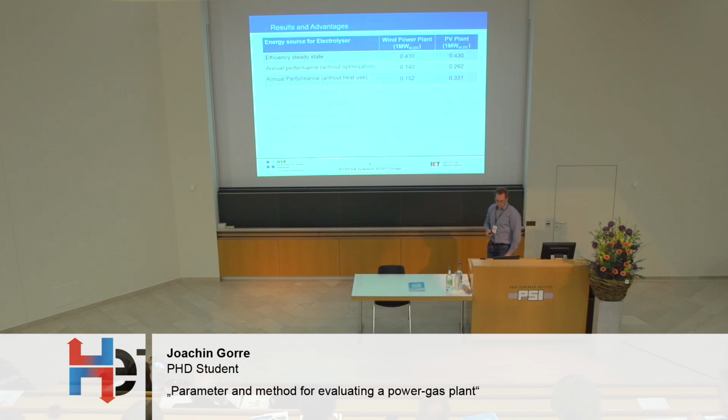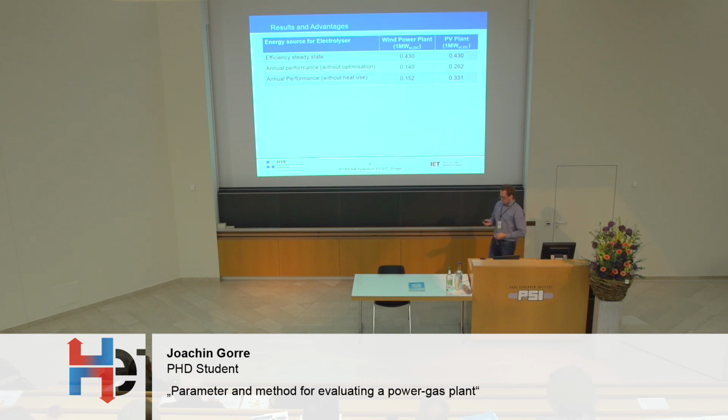But what is the idea behind it? If you calculate this system in a normal way with the efficiency of the steady-state models, then you have an efficiency of 43%. And if you calculate it with the annual performance without optimization, you have an efficiency, or I call it annual performance, of 26%.